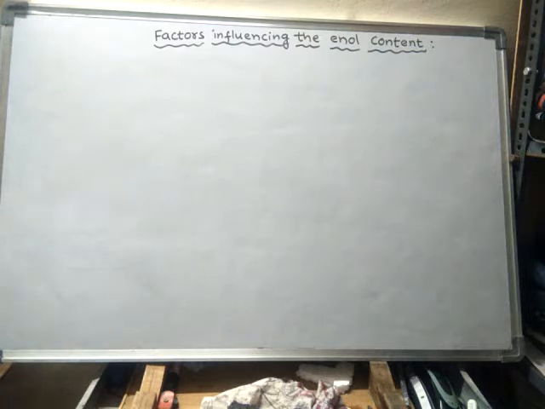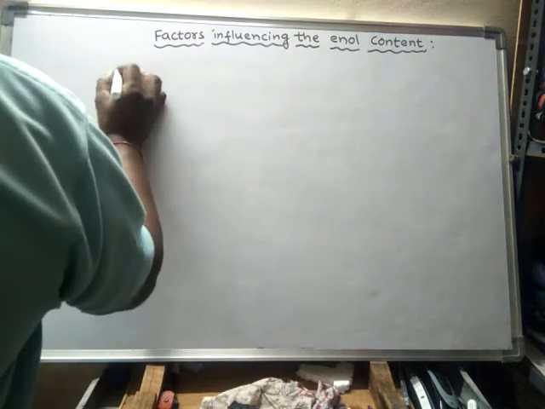If the solvent does not form hydrogen bonding with the compound, then the enol form will be favored. And if the compound contains intramolecular hydrogen bonding, then that compound will be present in enol form to a large extent. Now, effect of temperature.